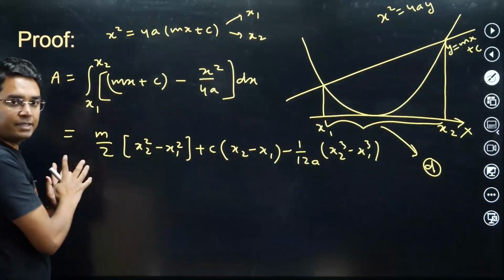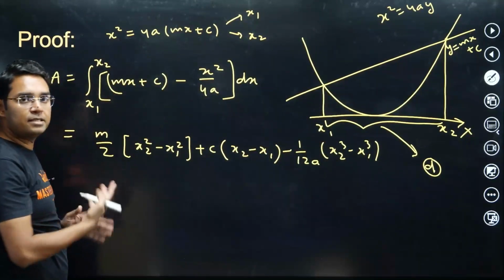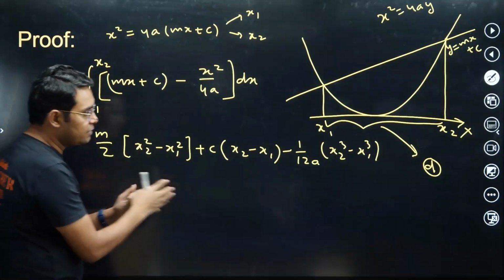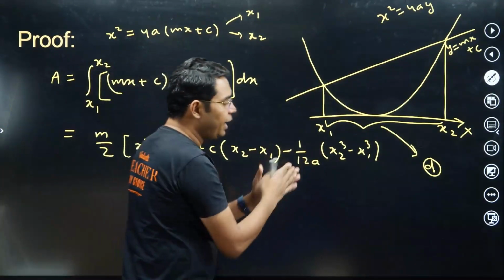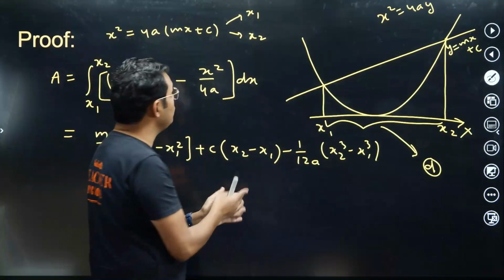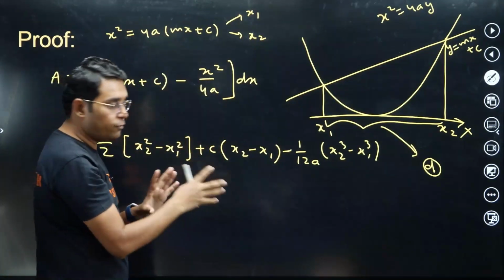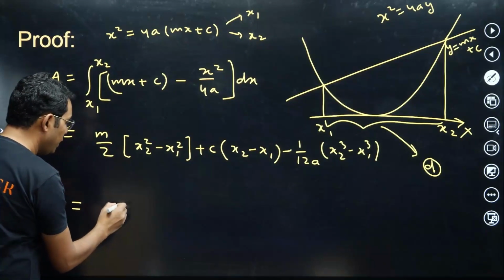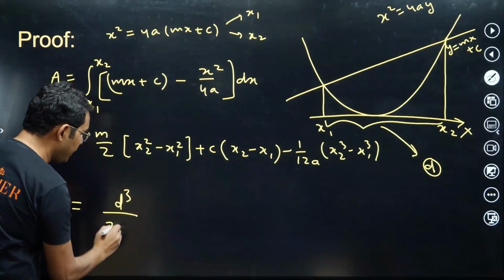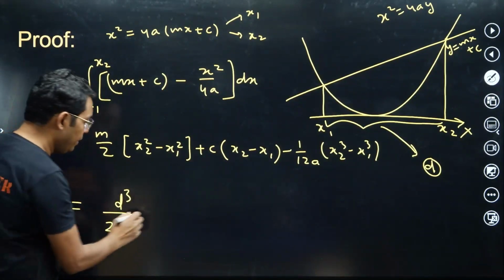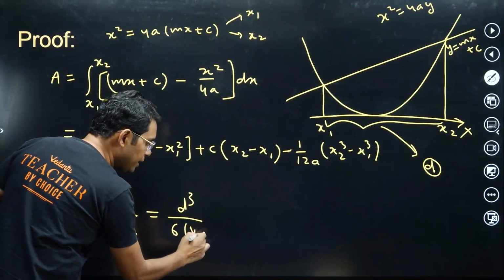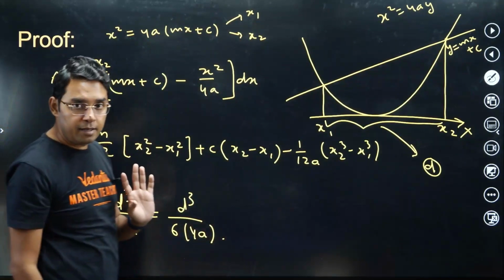So if you take x2 minus x1 common from everywhere, one d is coming common out from it. And then this will be x2 plus x1, this is just c, this will be x1 square plus x2 square plus x1 x2. So using that sum of roots and product of roots, you will be able to find this area is coming out to be d cube upon 24a. Why? Because the formula was d cube upon 6 into the length of latus rectum. So this is the result here.